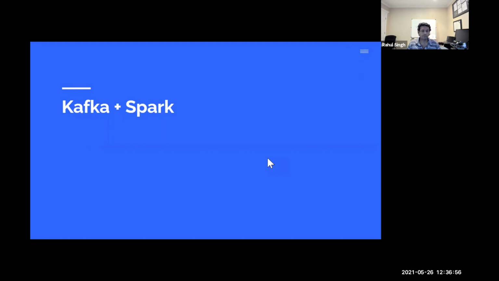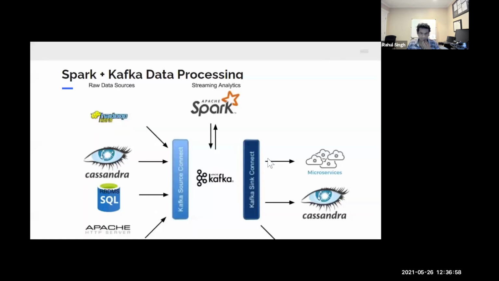What does this look like when we introduce Kafka? So let's say we have data being created in Cassandra. Let's say this is the one Cassandra cluster, one Cassandra data center, and we want to do some streaming analytics, right?